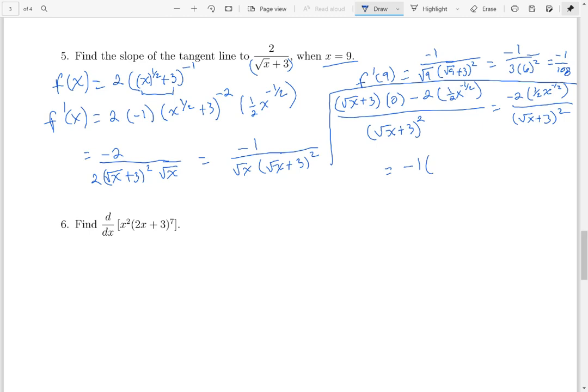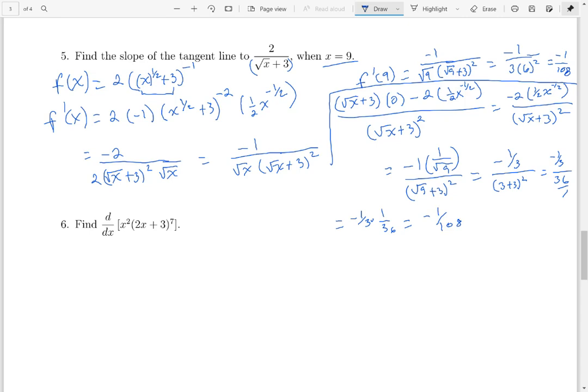Then I have x to the negative 1/2, but that's really going to be 1 over the square root of, now we're plugging in 9, divided by the square root of x plus 3 quantity squared, or the square root of 9 plus 3 quantity squared. That's going to give me negative 1/3 divided by 3 plus 3 quantity squared. That's then negative 1/3 divided by 36. Well, fraction division can become fraction multiplication. That's negative 1/3 times 1 over 36, but notice that's going to give us negative 1 over 108.